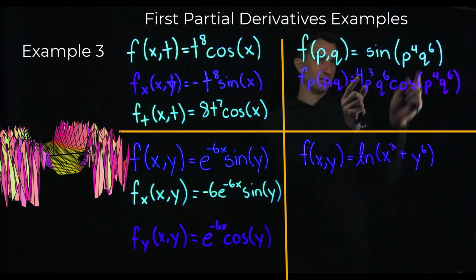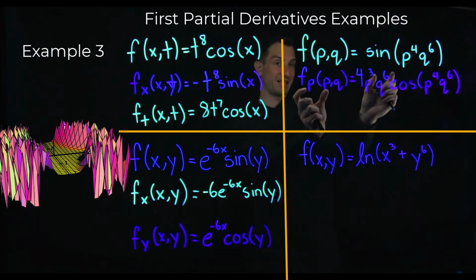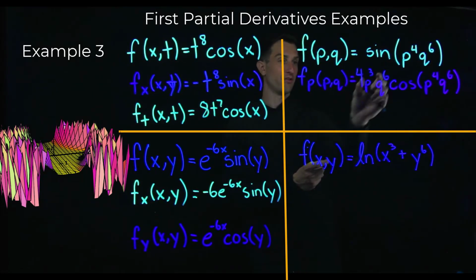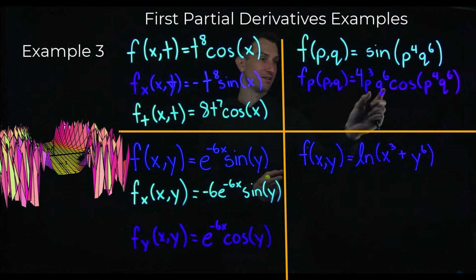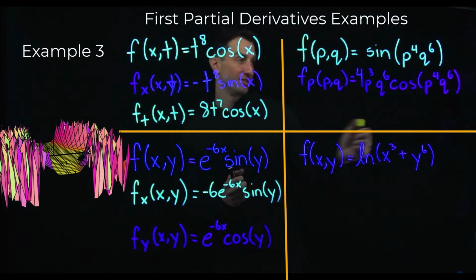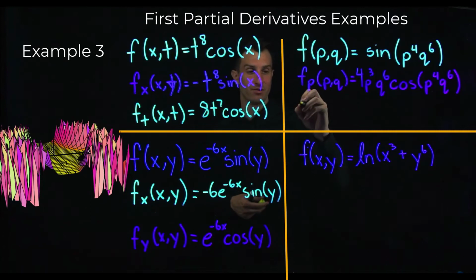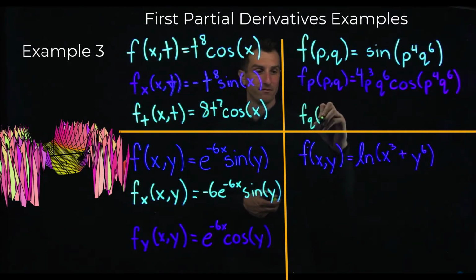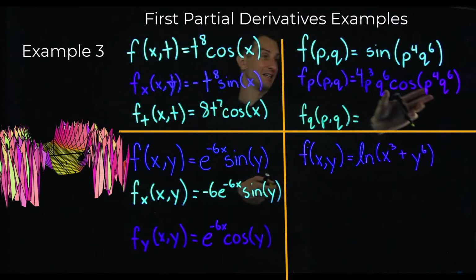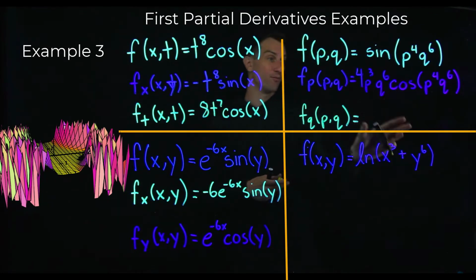Again, the derivative of the inside is where we actually see the partial derivative of p: derivative of p to the 4th is 4p cubed, and q to the 6 is a constant that is just hanging out. And you'll notice for f sub q here, this follows a similar pattern. Our outside function is sine, and the outside derivative is the same for both of these because it includes both p and q.